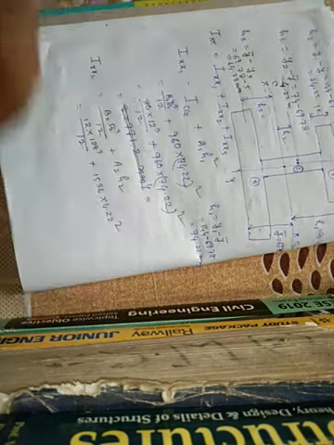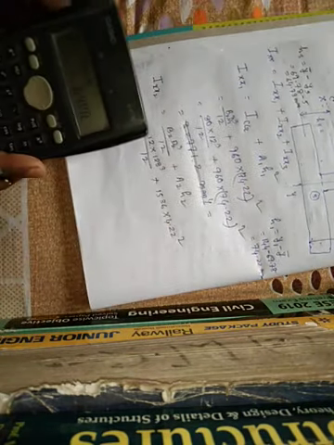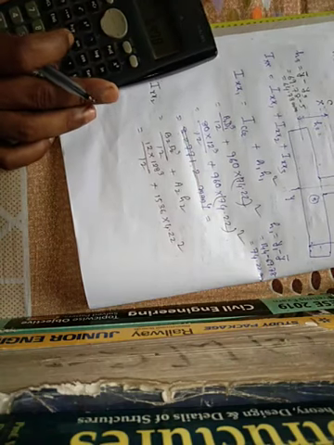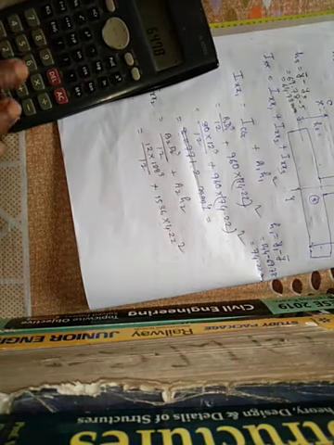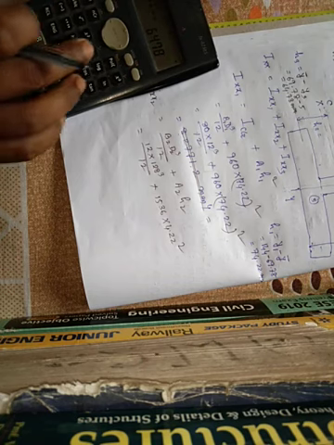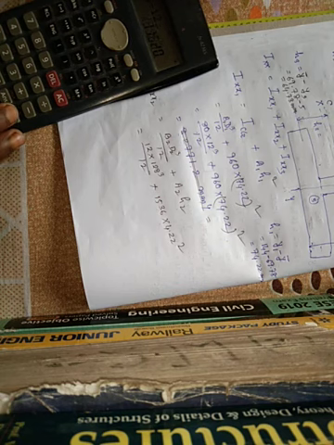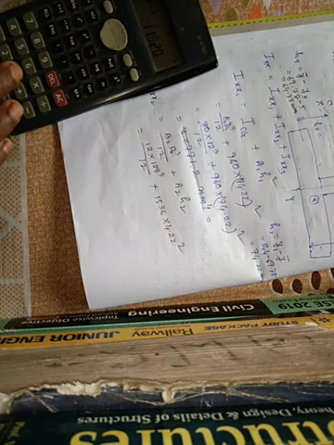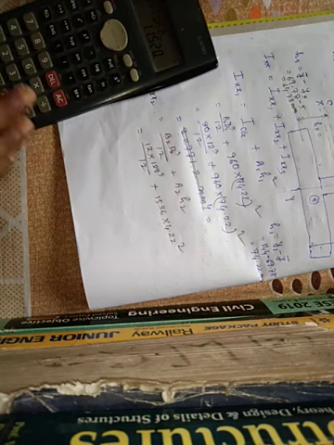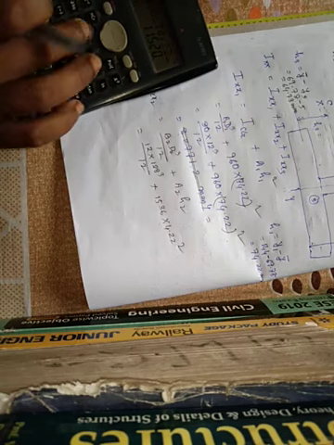Let me calculate this one first. For the top flange, 80 into 12 cube divided by 12 plus 960 into 74.22 square.